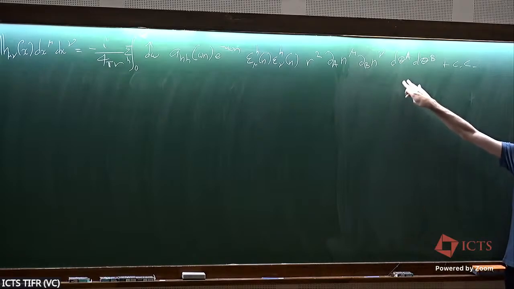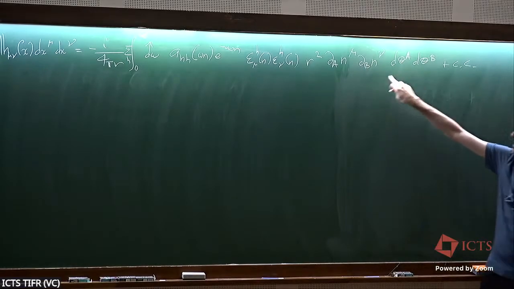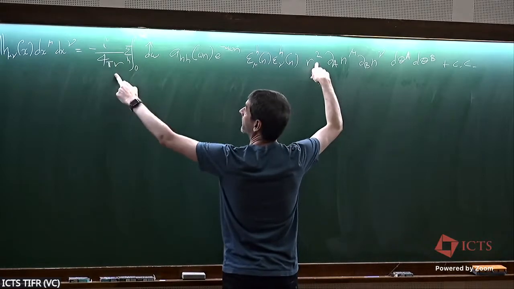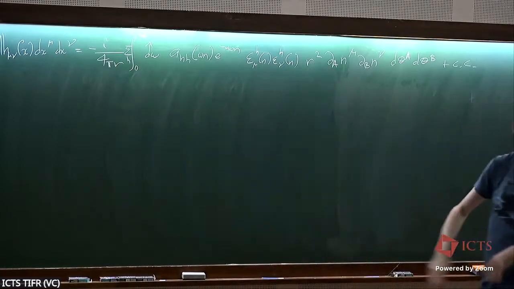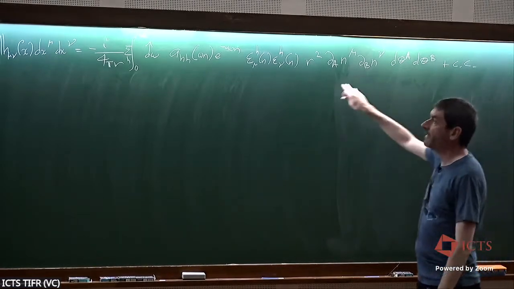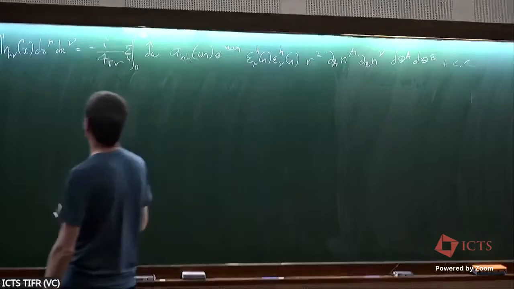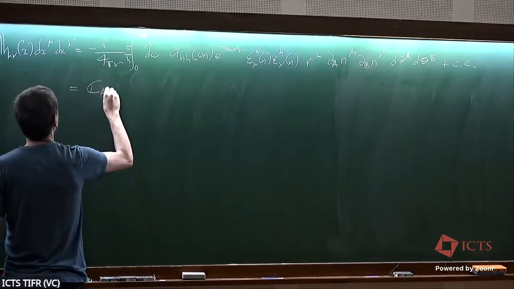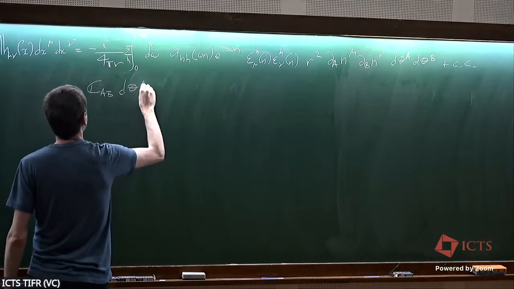The CAB is the coefficient of d theta A, d theta B. It had, in the metric, 1 r. This cancels, this indeed has 1 r. That's just normalization. Anyway, this thing here is directly the shear. So I could write it in a suggested way like this.